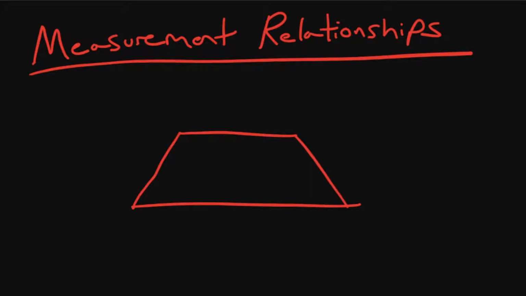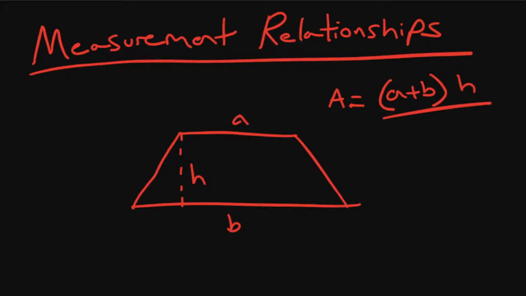Let's say at the top is A. Let's say at the bottom is B. Let's say the height is H. So now you have this formula where the area of a trapezoid is A plus B in brackets times height over 2, or 1 over 2 H times A plus B.